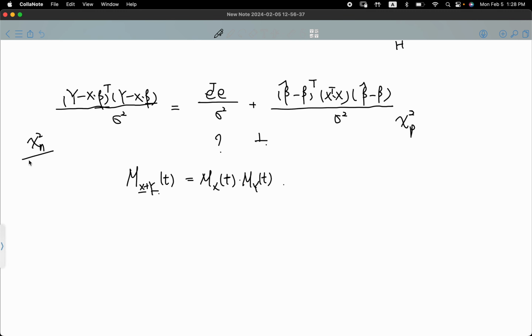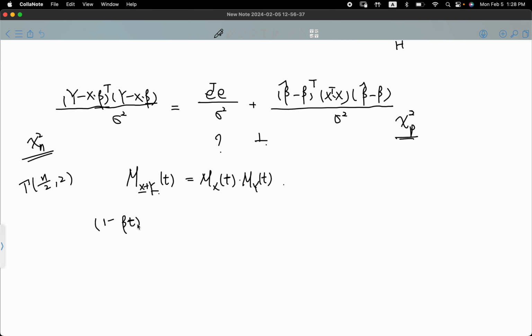And a chi-square distribution is actually a special case of a gamma distribution. So the moment-generating function for the left-hand side: we have the gamma distribution with n over 2 as the alpha and the beta.